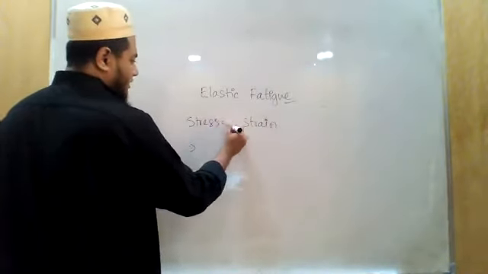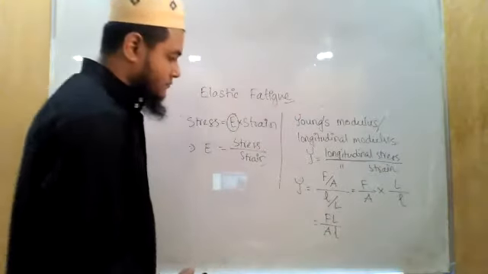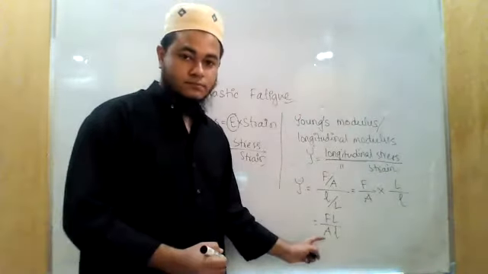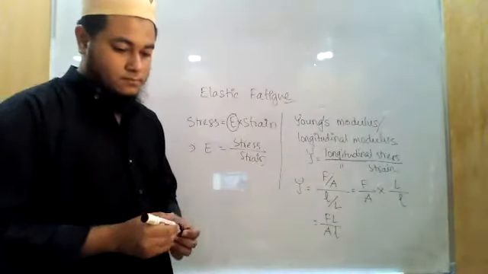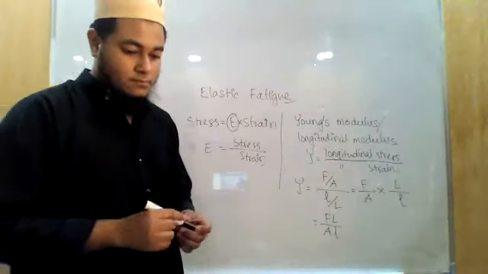So it will become F capital L divided by A small l. Anyone have any doubt here? No. So this is the equation to calculate the Young's modulus.